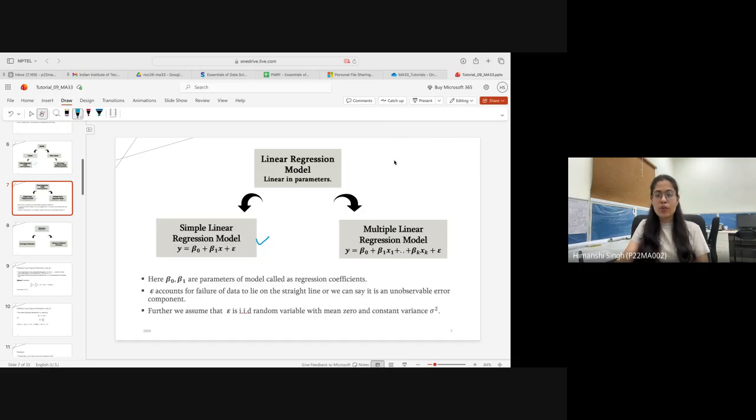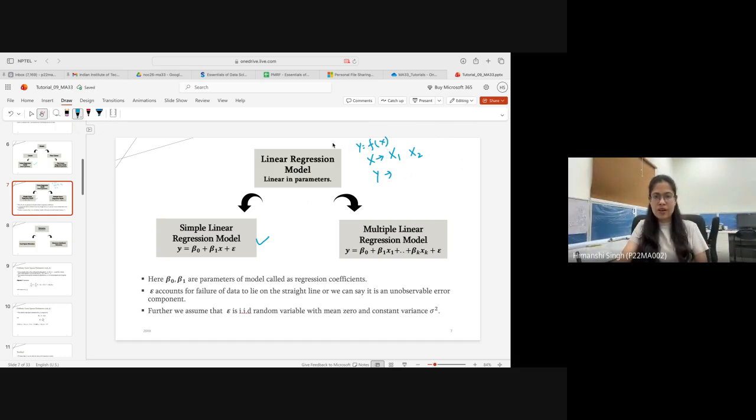So for that, I will take data. I will take observations of x and y, the two things I want to check the interrelationship of. Let's say y is a function of x.